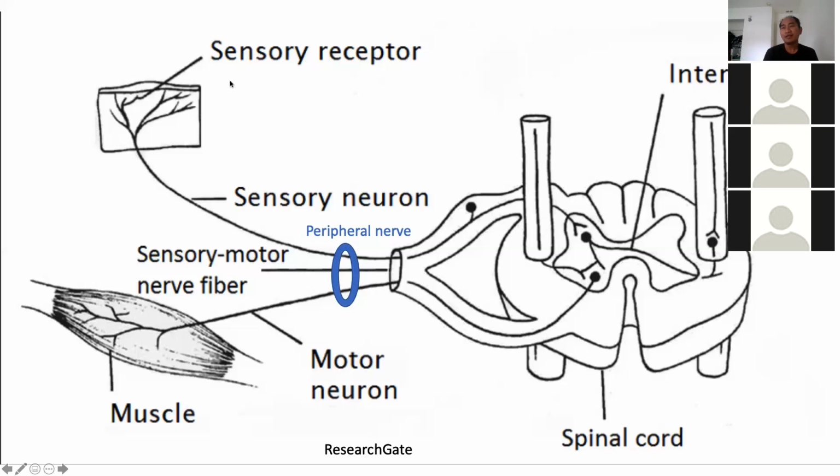So now we have the sensory receptor going along the sensory neuron and relaying the information in the dorsal root ganglion. Another neuron begins and goes into the spinal cord because it is sensory. It goes from the posterior root into the posterior horn of the spinal cord, the gray matter.